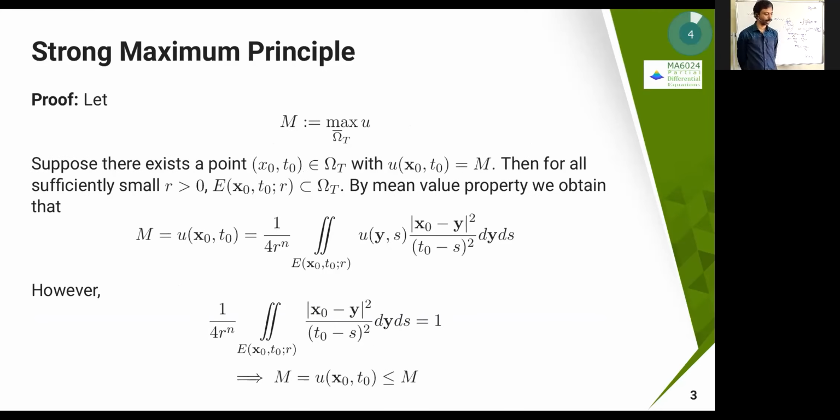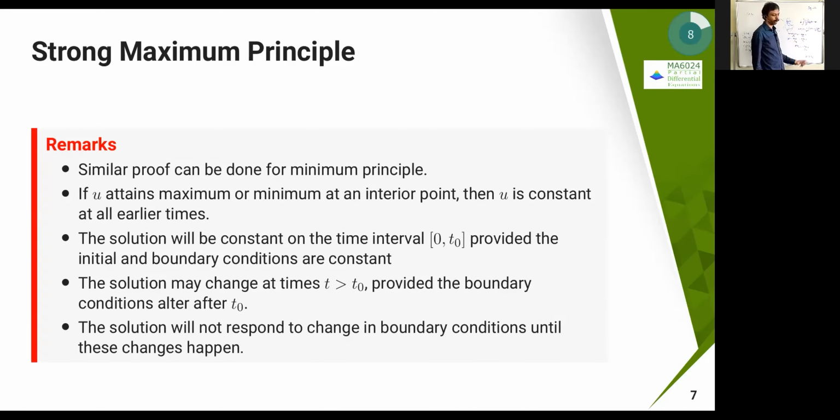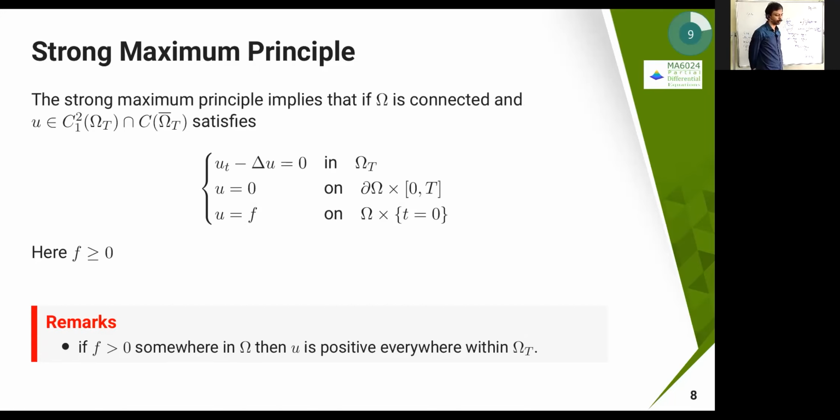This theorem is saying that M equals the maximum over omega_T equals the maximum of u at gamma_T. Now if u equals f at omega cross 0, that means I am just imposing initial conditions at this place.